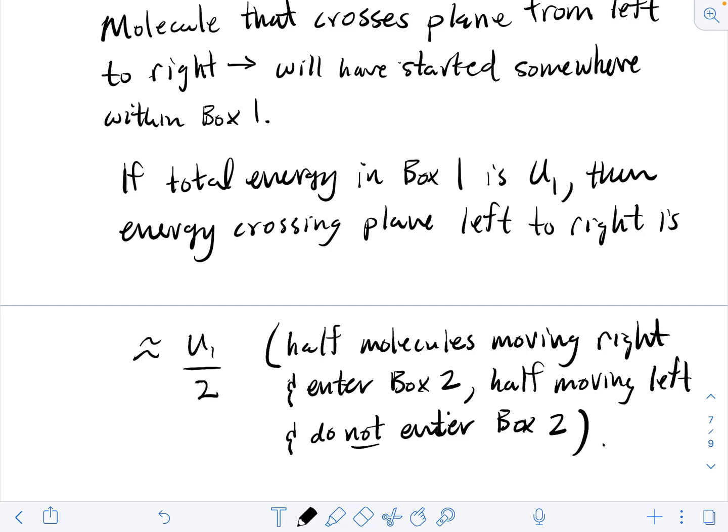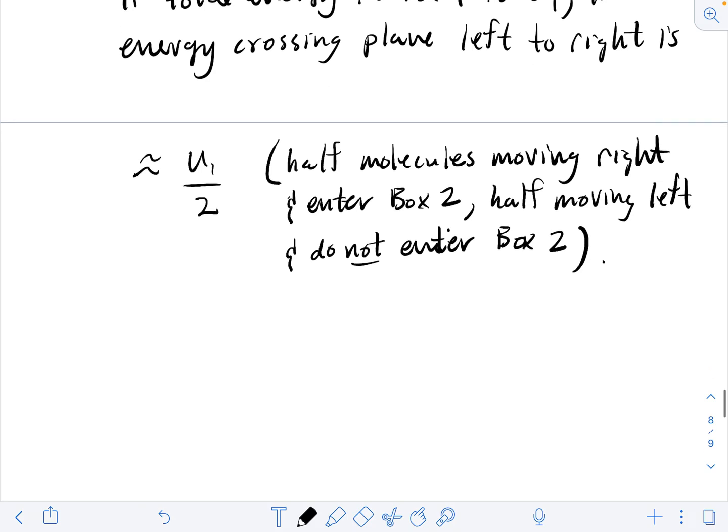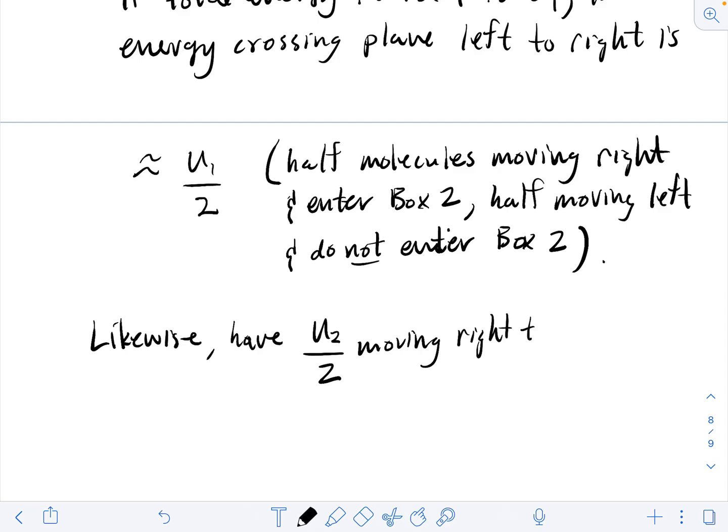If half the particles from box 1 end up in box 2 because they're moving to the right, then the amount of energy that's moved into box 2 is U1 over 2. Of course, we could make the same argument for box 2 particles moving into box 1. So we have U2 over 2, the amount of energy moving from right to left across our boundary.